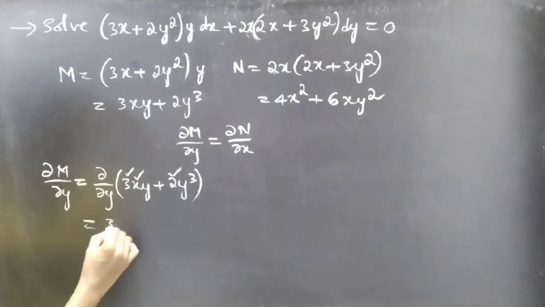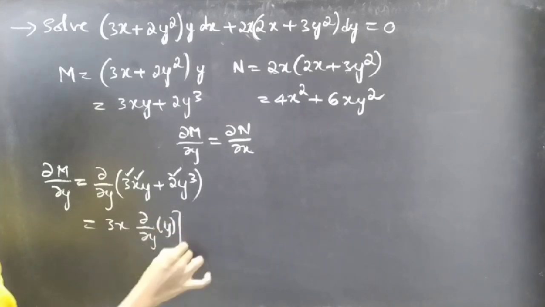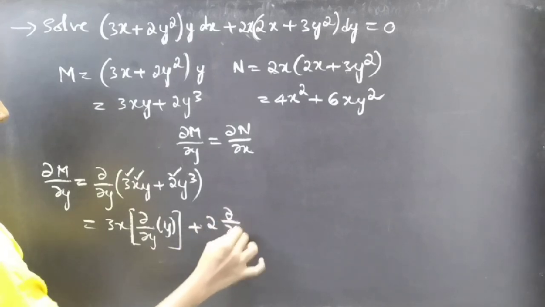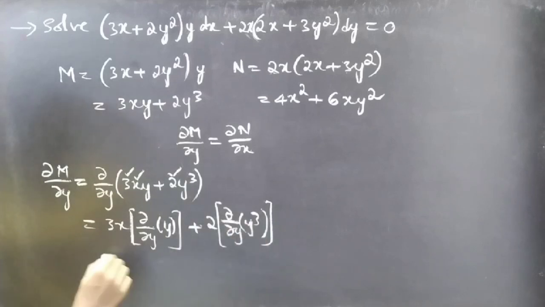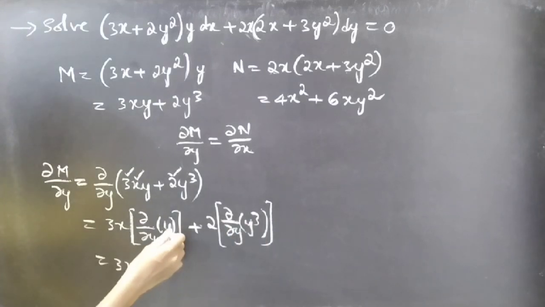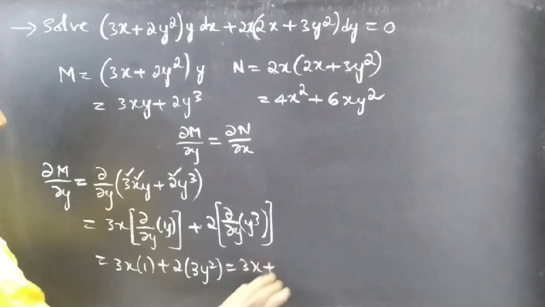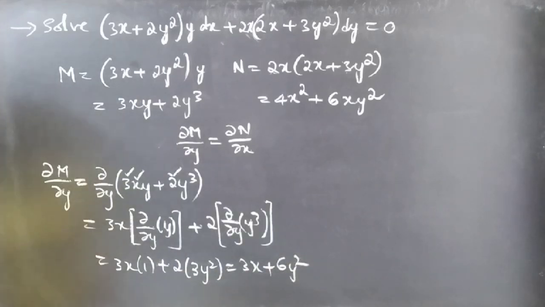So we can write this as 3x into partial derivative of y with respect to y plus 2 into partial derivative of y cube with respect to y, which gives us 3x into 1 plus 2 into 3y square, which gives us 3x plus 2 3s are 6 y square, right?